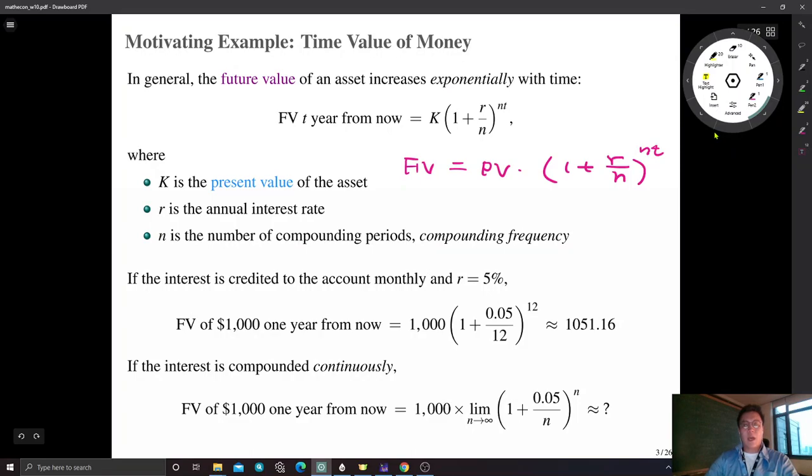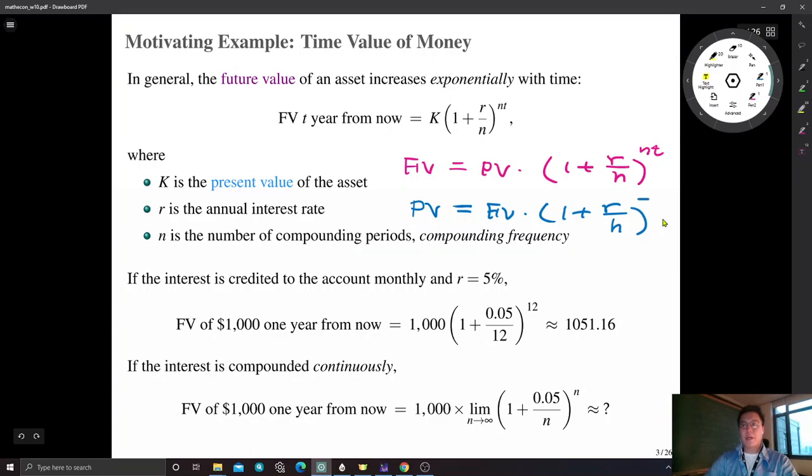And if we solve this equation for PV, present value, then we are going to get present value equal to future value times the reciprocal of this operator. So the present value is going to be future value times 1 plus r over n to the power negative nt.